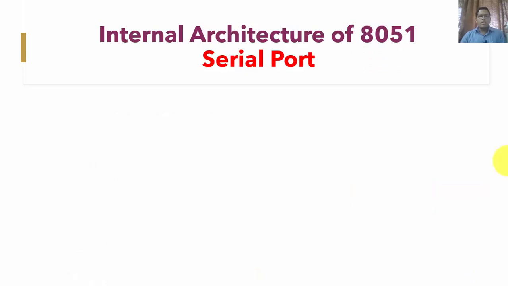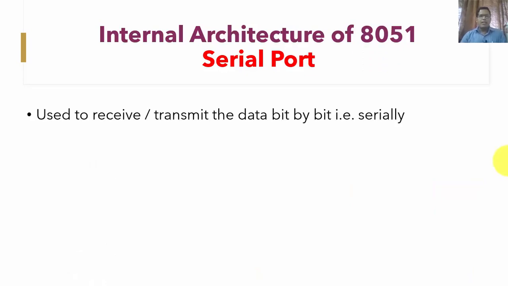And the next block is the serial port. Basically, we know that when we compare serial communication and parallel communication, in case of parallel communication, whatever data is available, that data is transmitted simultaneously. For example, if we have 8-bit data, in parallel communication, all these 8 bits are transmitted simultaneously.